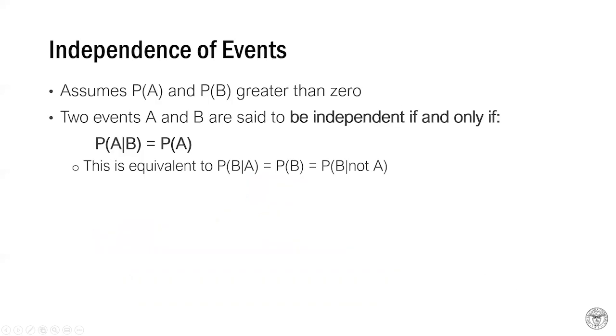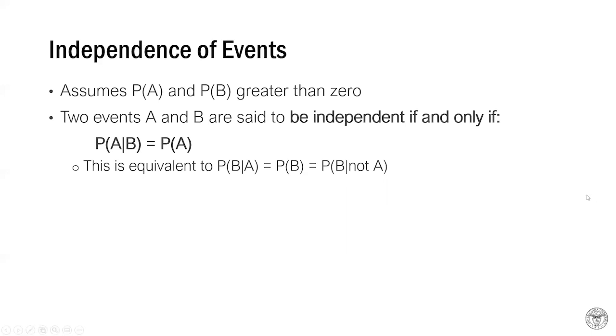Based on the multiplication rule, we can then define an independent event. Intuitively, if 2 events A and B are independent of each other, then the probability of A conditional on B should be the same as the probability of A, regardless of what happens to B, because whether B occurs or not should not matter due to their independence.